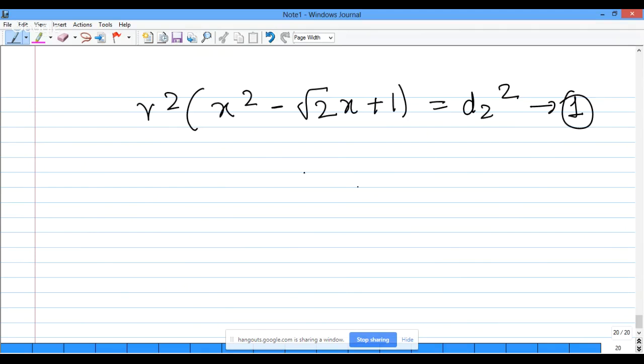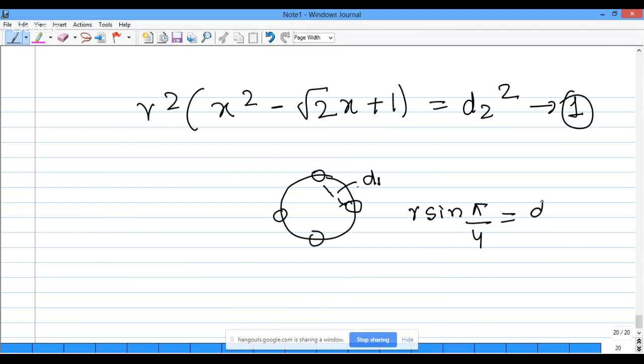The second equation that I can have, considering the inner circle, and let me call this distance d1. So I know that r sine pi by 4 is d1 by 2. From this I get r is d1 by root 2.